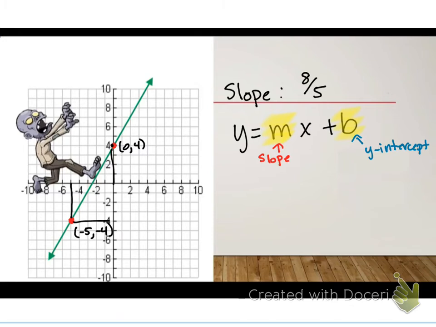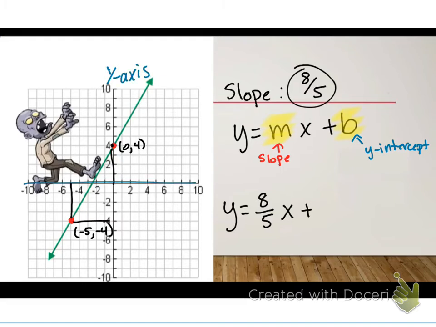So if we write it out, we have y equals, our slope we found was 8 over 5, so 8 over 5 x plus our y-intercept. And what is the y-intercept? The y-intercept is where it crosses the y-axis. Let's look at our graph. The vertical line that goes up and down from negative 10 to 10, that is the y-axis, and the one that goes horizontally, that's the x-axis.